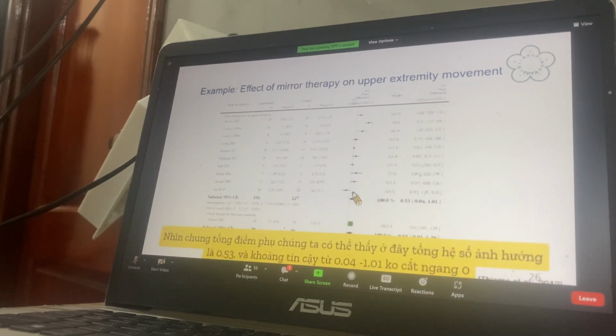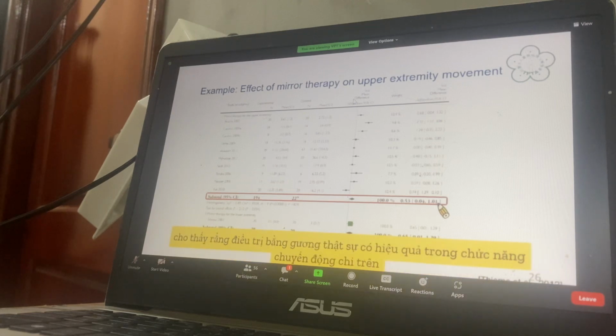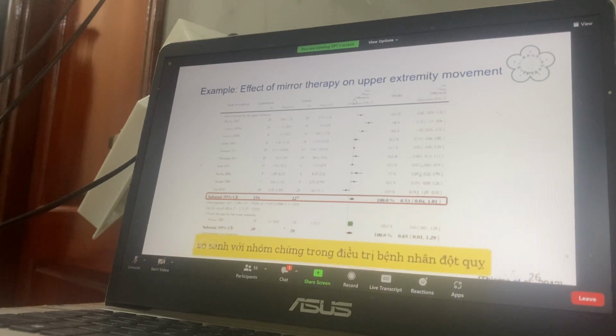Overall, the subtotal score, what we can find here, the overall effect size would be 0.53, and the confidence interval would be from 0.04 up to 1.01, not crossing 0, suggesting that mirror therapy is indeed an effective method to improve upper extremity motor function in comparison to control condition for stroke survivors.